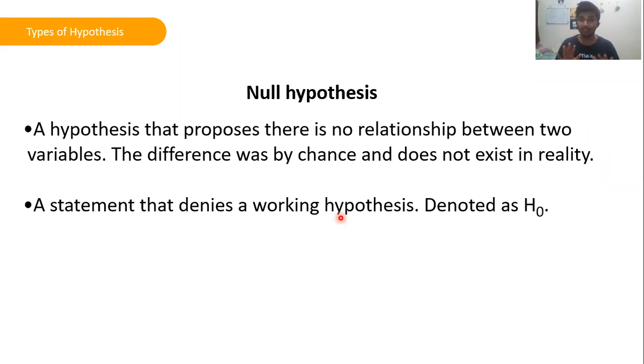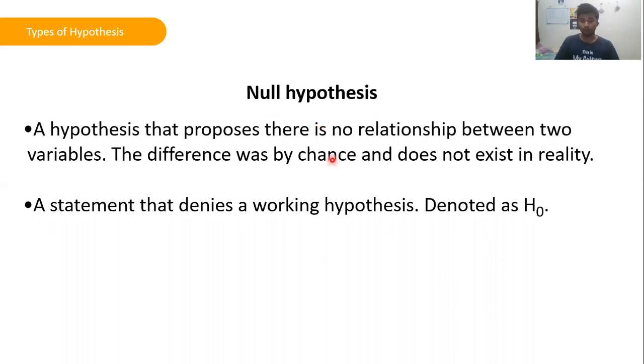For now just know that for whatever hypothesis you have made, you have to describe a null hypothesis. How do you do it? You have a working hypothesis, just say its opposite, right. If my working hypothesis says that A and B are related, then my null hypothesis will say that A and B are not related.